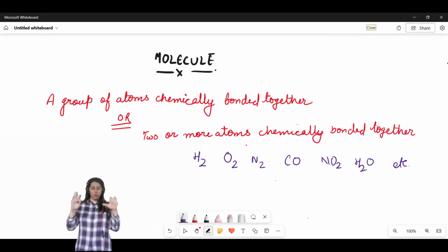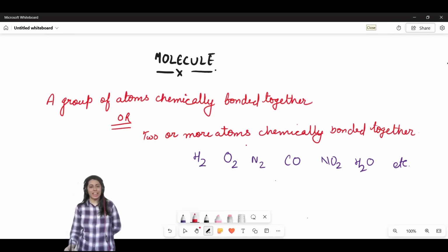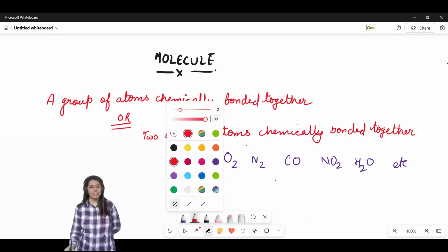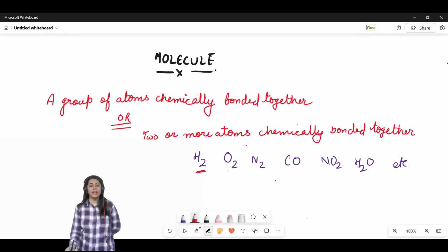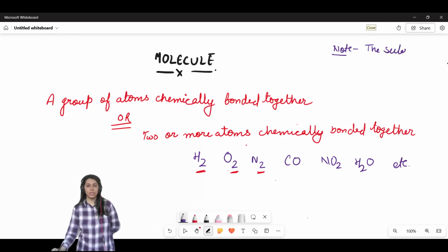Right? Now, how do we know that two or more atoms are bonded in this? Dear children, please make sure that you understand this number here. This number represents the number of atoms bonded together. So I'll write a note here: the subscripts, you know what a subscript is? Something that's written at the bottom in small.